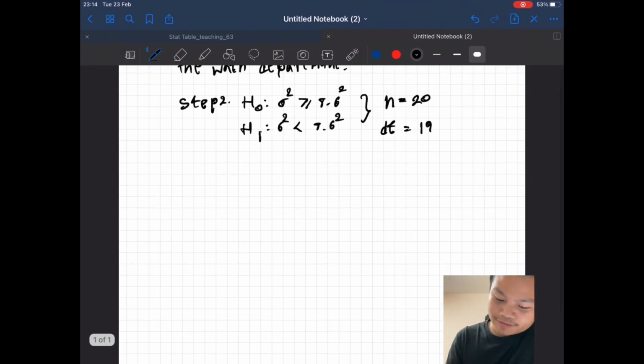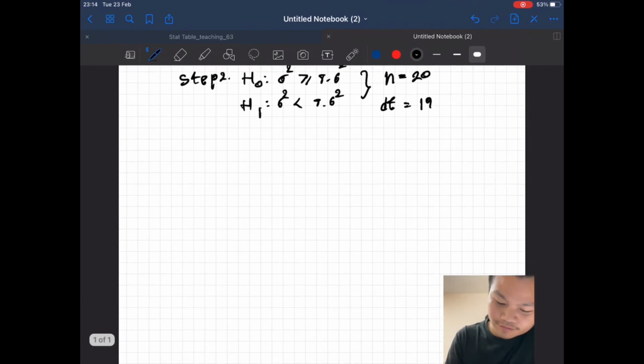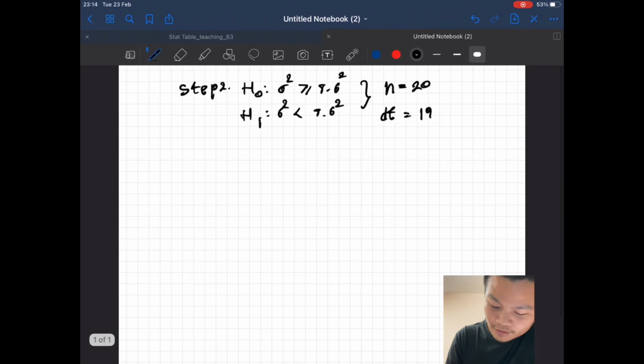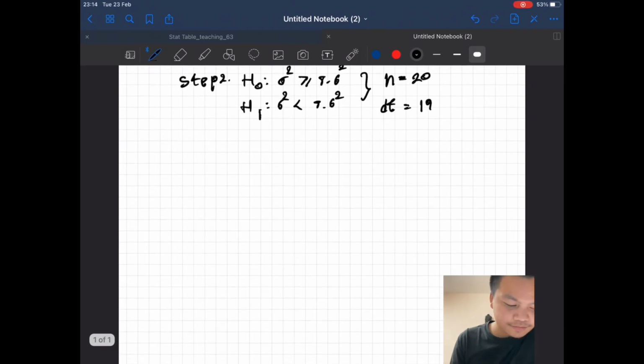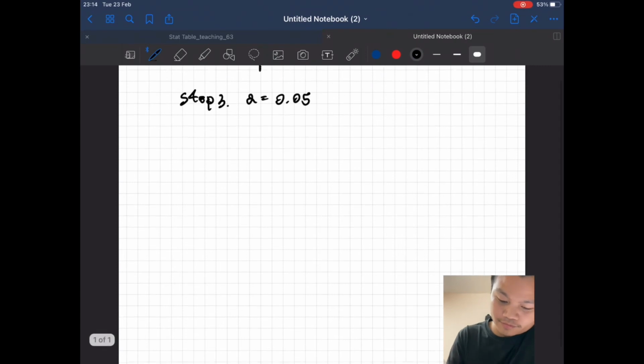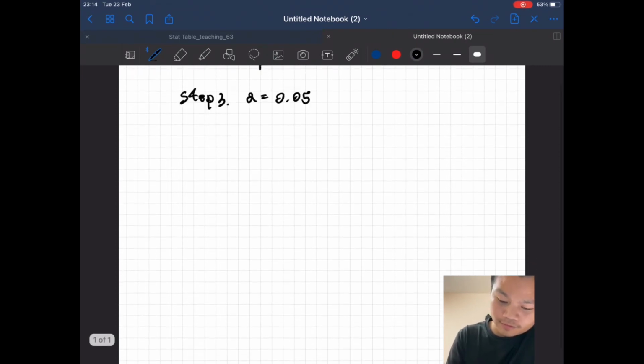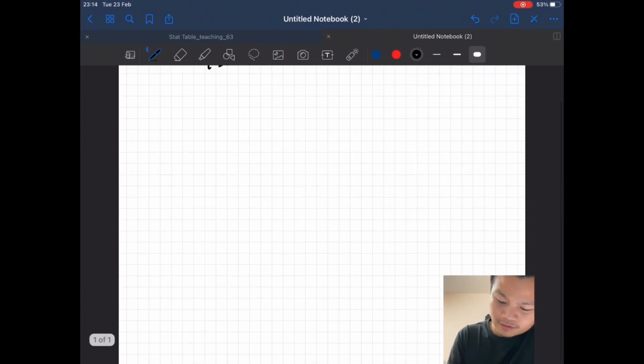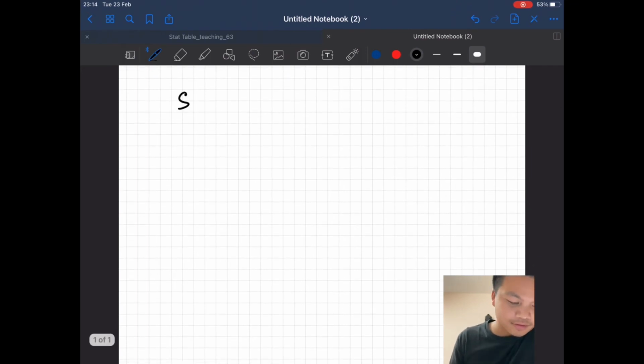Step 3: alpha is 0.05. Step 4: drawing the graph.